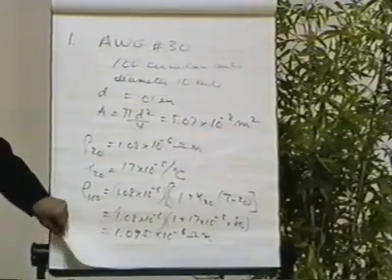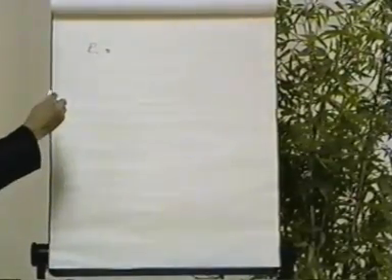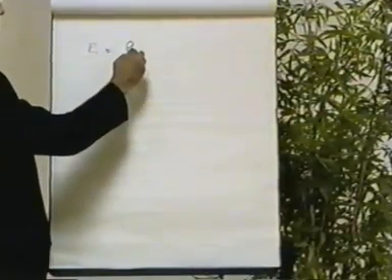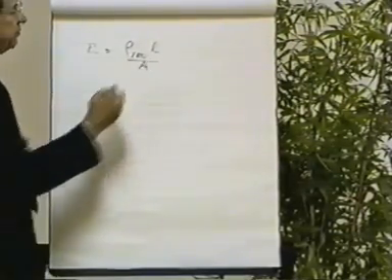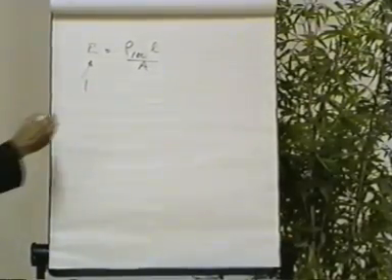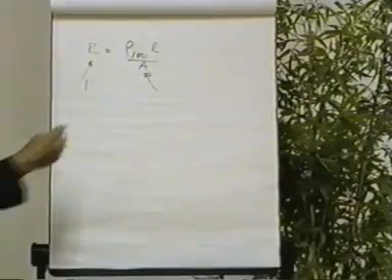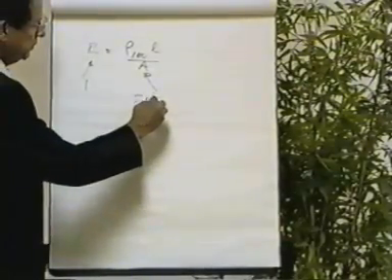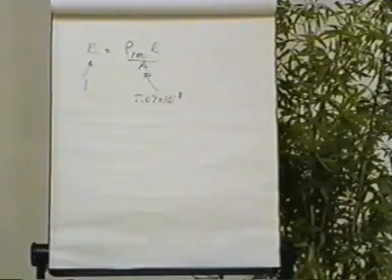We can go to the next equation, which says that the resistance is equal to rho at 100 times the length divided by the area. Well, we want the resistance to be 1 ohm. We know the area, which we just found a little while ago, as 5.07 times 10 to the minus 8 meters squared.